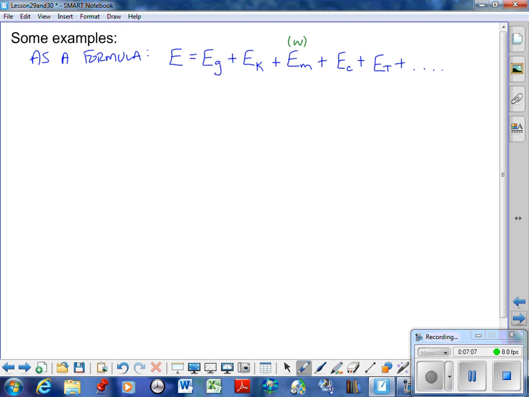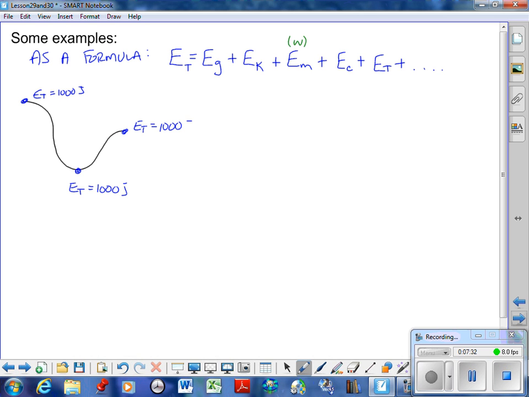So in terms of the roller coaster, if I sketch out my roller coaster again, if I know that my total energy, ET, is equal to 1,000 joules here, that means down here ET is equal to 1,000 joules, which means right here it's equal to 1,000 joules.